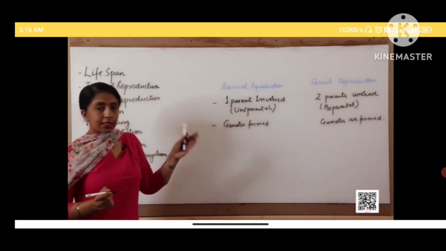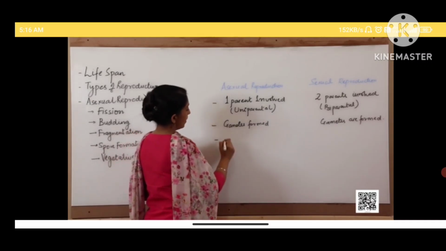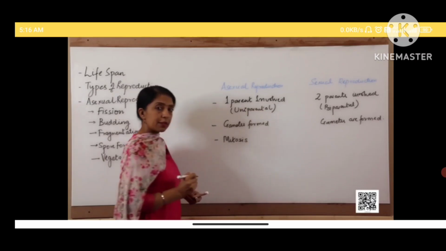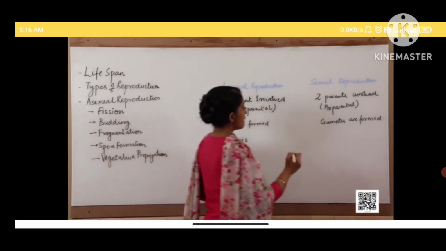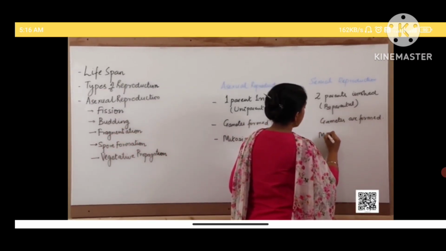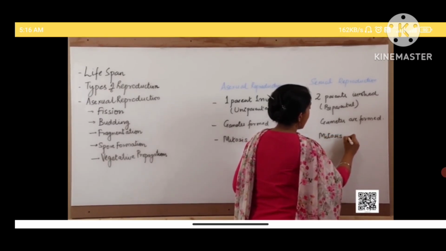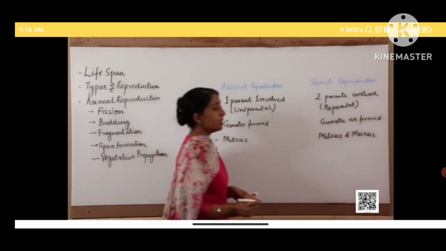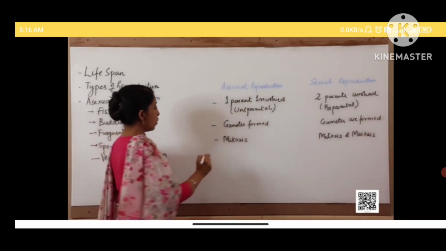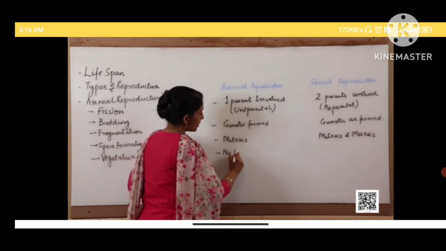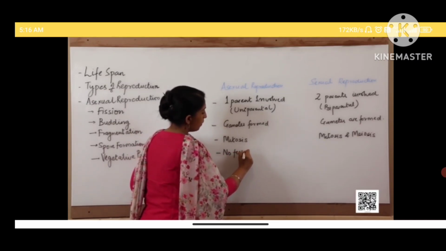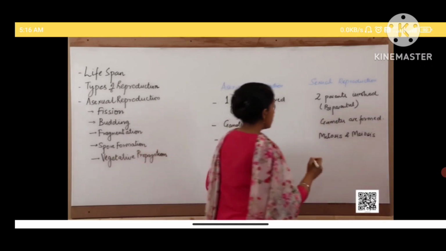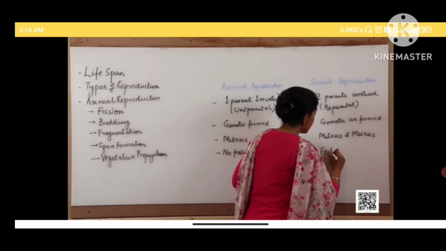In asexual reproduction, only mitosis or simple cell division takes place, whereas in sexual reproduction, both mitosis as well as meiosis take place. Since no gametes are formed, there is no fertilization in asexual reproduction, whereas in sexual reproduction, fertilization takes place.